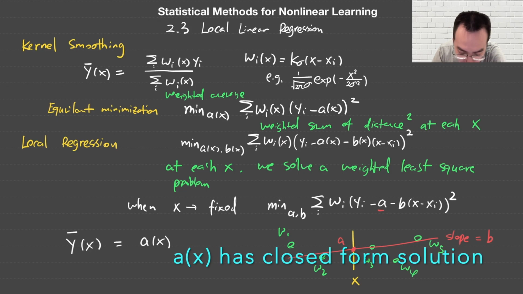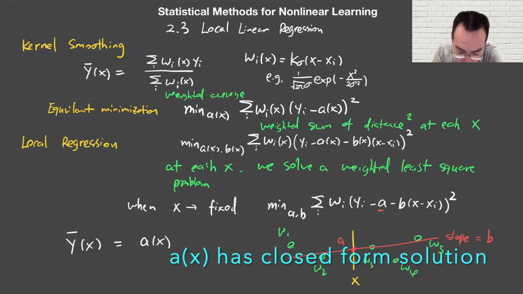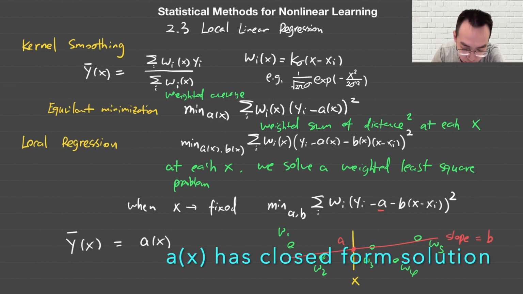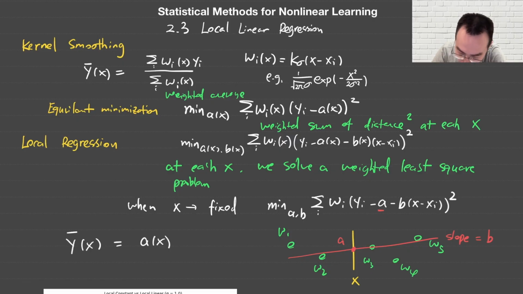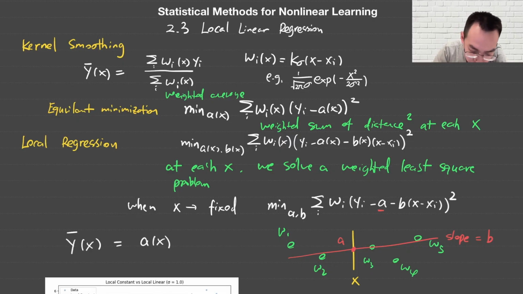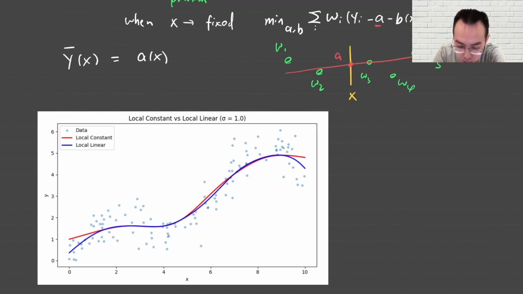Now let's do a comparison between the kernel smoothing method and the local regression method to see what this extra term can bring us. I've made this plot to compare kernel smoothing versus local regression.